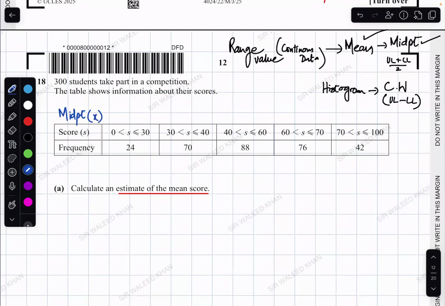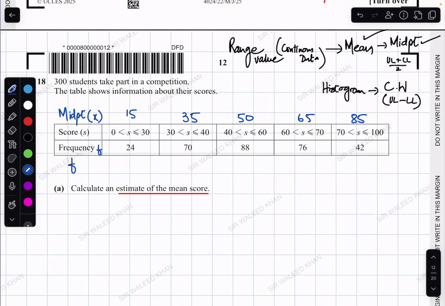So 30 plus 0 divided by 2, 15. 70 divided by 2, 35. This should be 50. This should be 65. And this should be 85. These are the midpoints. Next. Yes, that's correct. This is the value of x. This is the value of f.